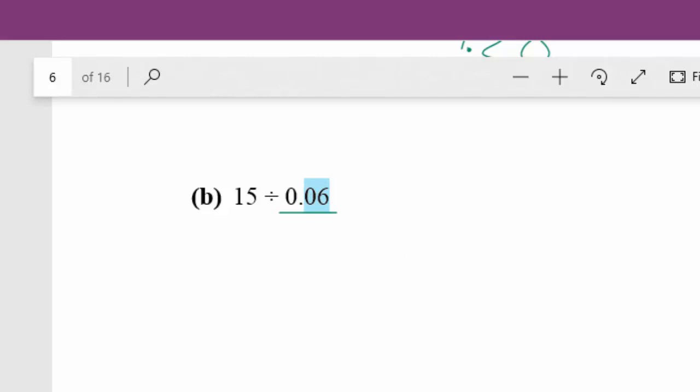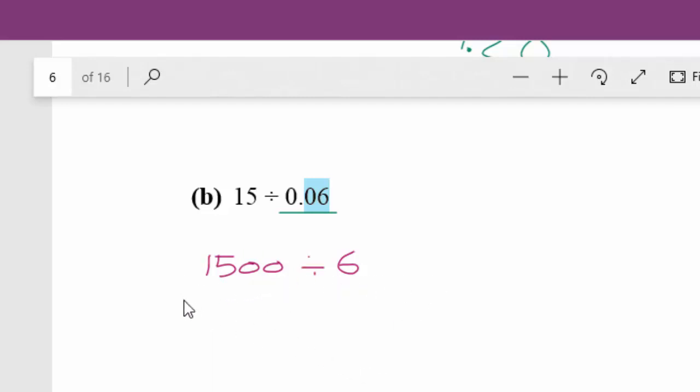So it means we need to multiply both sides by 100. 15 times 100 will be 1500. Divide by 0.06, since this number has 2 decimal places, when you multiply it by 100, the decimal part will go away. Now we just have this simple problem.